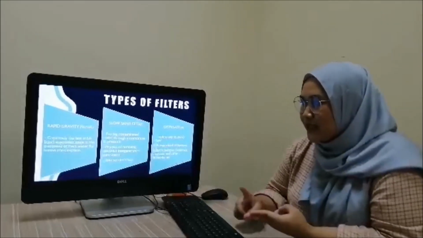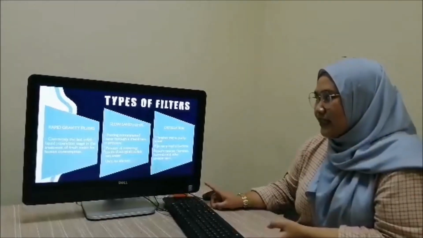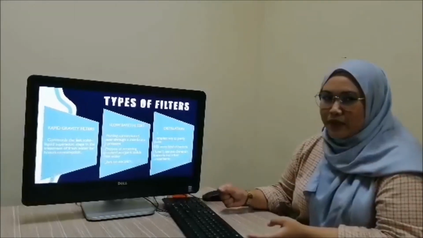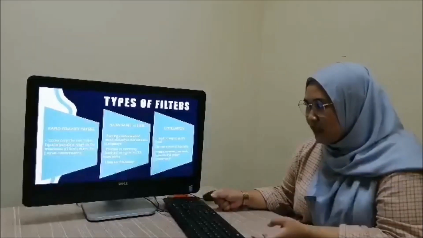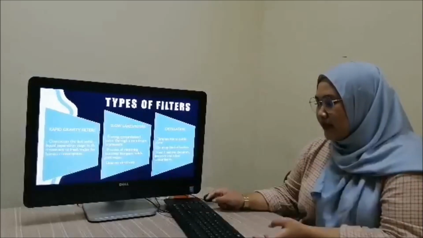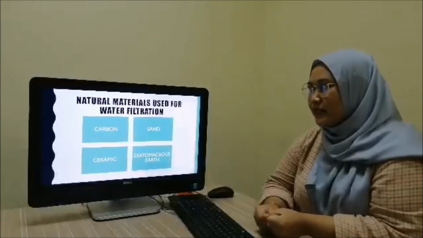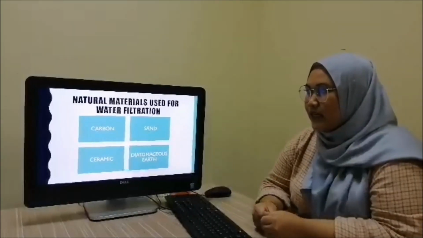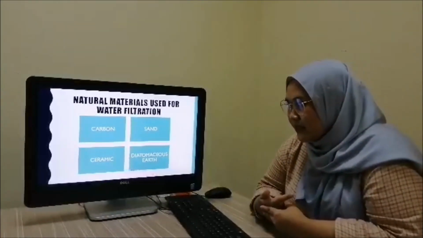The last one, distillation, is the simplest way to purify water. It kills many kinds of bacteria but does not remove chemicals, lime scale, and other contaminants. The next is natural materials used for water filtration. There are 4: carbon, sand, ceramic, and diatomaceous earth.